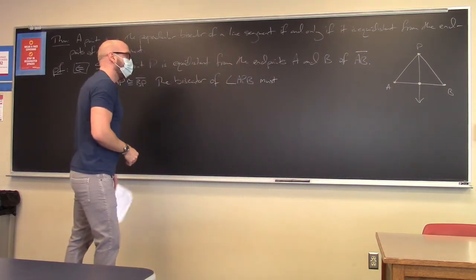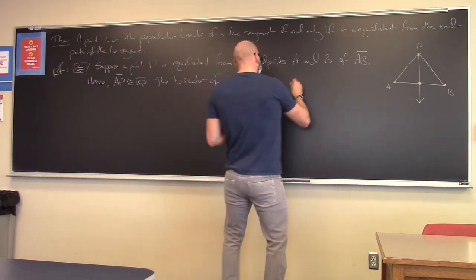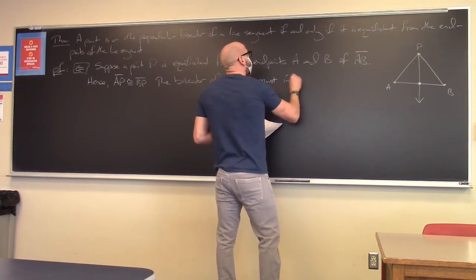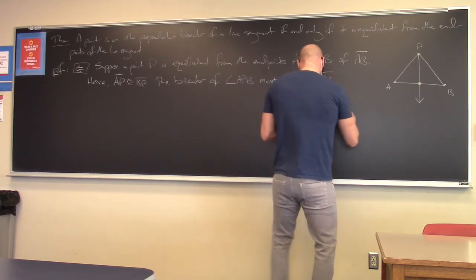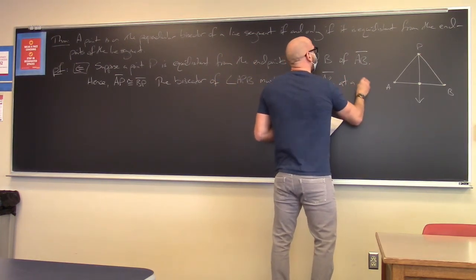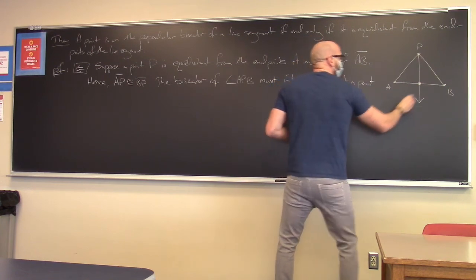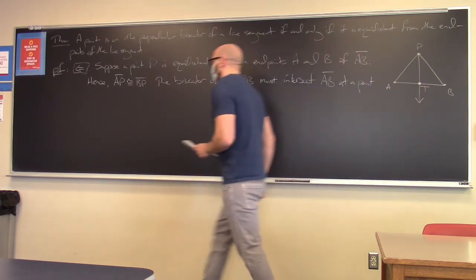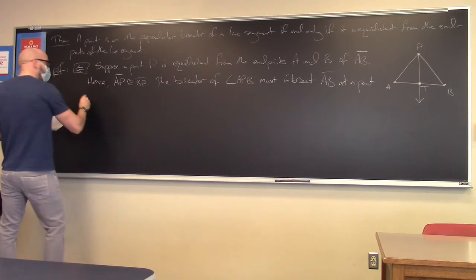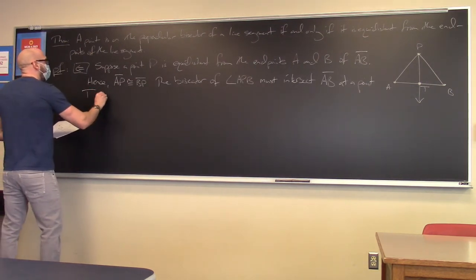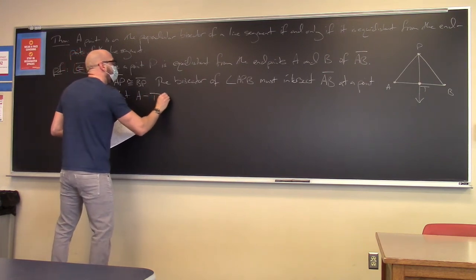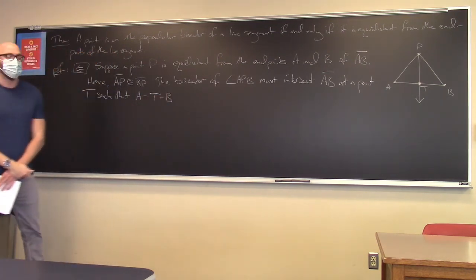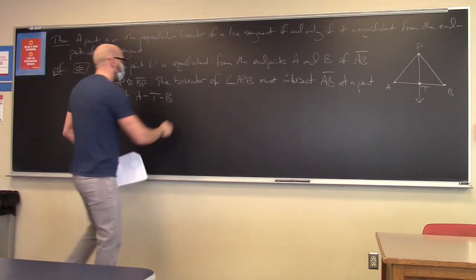At some point between A and B. So it must intersect side AB at a point, we'll call this point T, such that A, then T, then B on that line by the crossbar theorem.